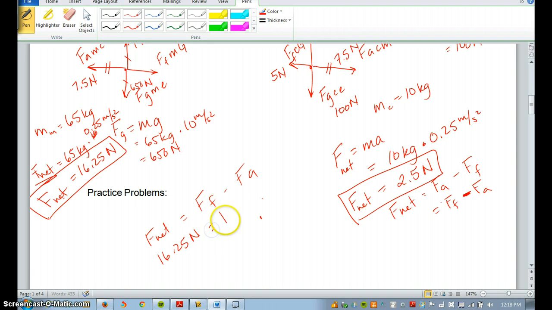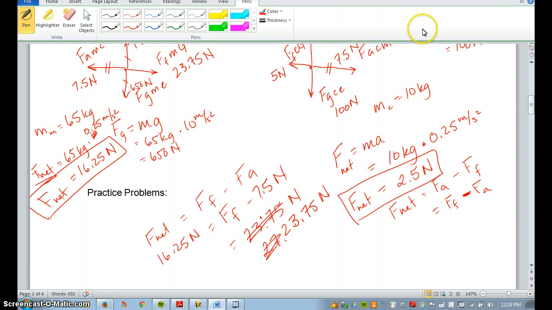So in that case, frictional force minus 7.5 newtons equals 23.75 newtons. Okay, so that means that the frictional force is 23.75, and that was right. So that means that this is 23.75 newtons. All right, and that gives you all the values.